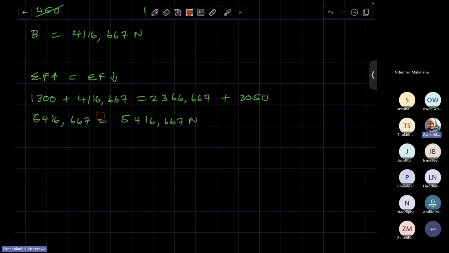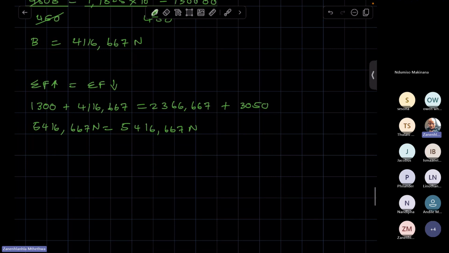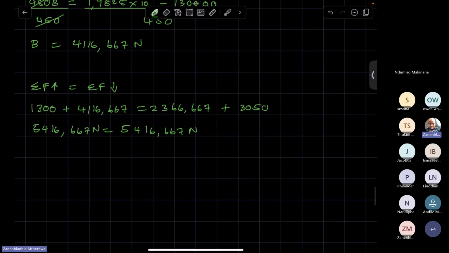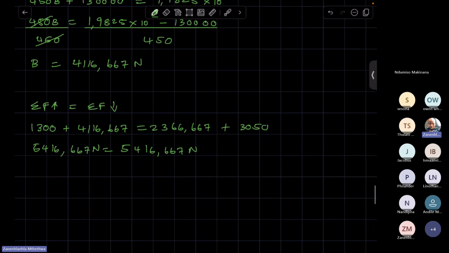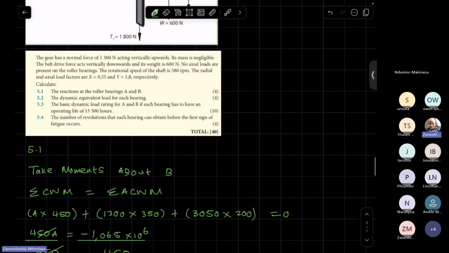Right, I forgot the newtons. So this is newtons as well. And that will complete calculating the reactions at the supports. So this would be the expected approach in calculating 5.1. We good?